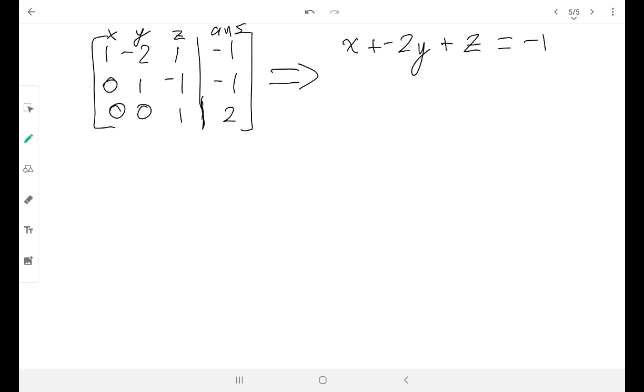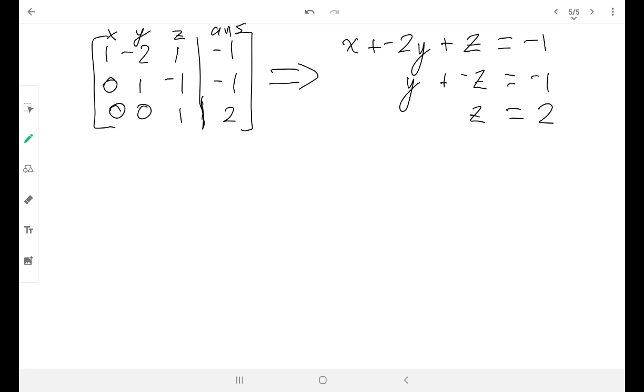I have 0x, which means 0 times x, so it's 0, and so I don't have to write it, plus 1y, so that's just y, plus negative 1z, or just negative z, equals negative 1. And then I have 0x and 0y, so I don't have to write either one of those. And then I have 1z, or just a z, equals 2.